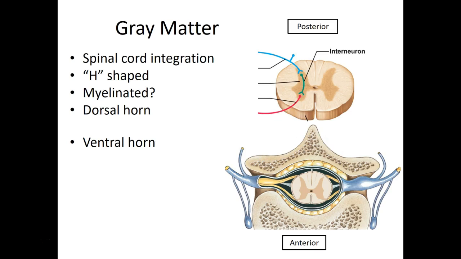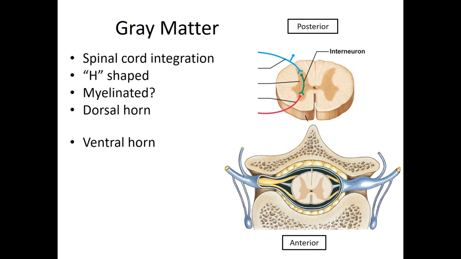So one of these horns is taking information in, the other one is sending information out from the central nervous system, right? So the mnemonic device to remember which horn is taking information in and which one's sending it out is, which do we need first in order to respond? Sensory information, or do we need a response? So which one comes first? Sensory information, right? If you were to alphabetize dorsal and ventral horn, which one comes first? Dorsal.